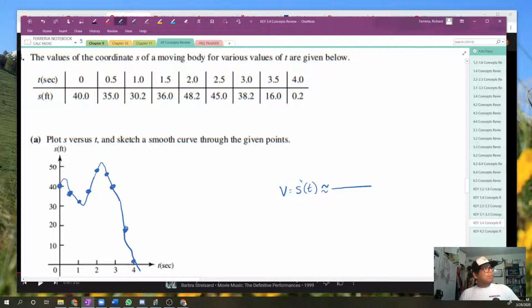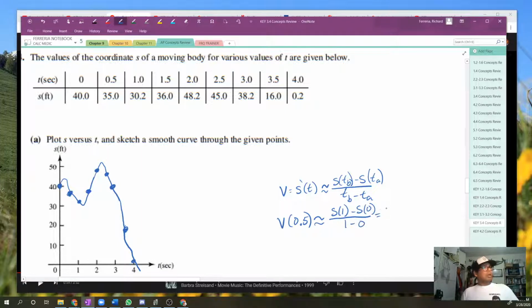The derivative of position at time t is equal to the position at t b minus the position at t a, all over t b minus t a. So if I want the velocity at 0.5, that could be approximated with s of 1 minus s of 0 over 1 minus 0.